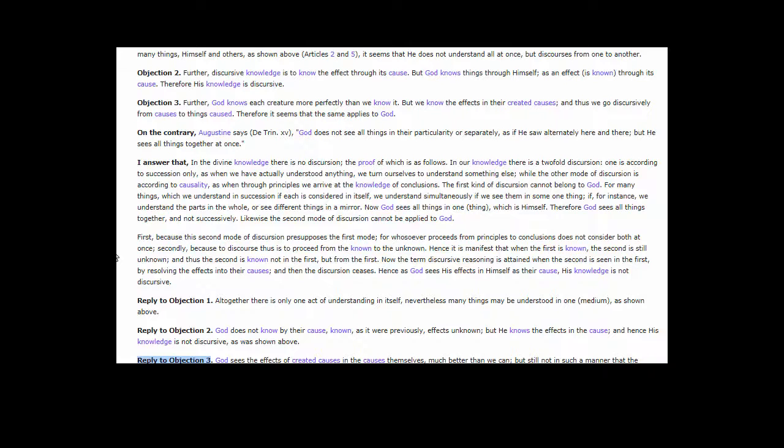So, again, the basic order would be question, article, title, "I answer that" or "I respond," then objection 1, reply to objection 1, objection 2, reply to objection 2, objection 3, reply to objection 3. In this way, you can get a hold of the concepts in there until you get fairly comfortable with St. Thomas.